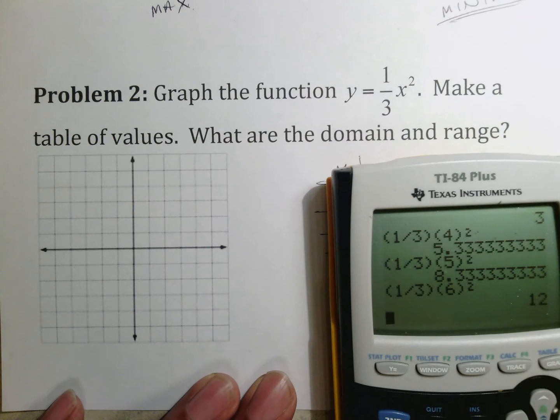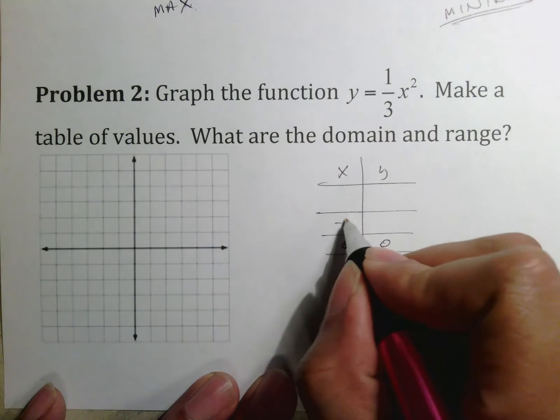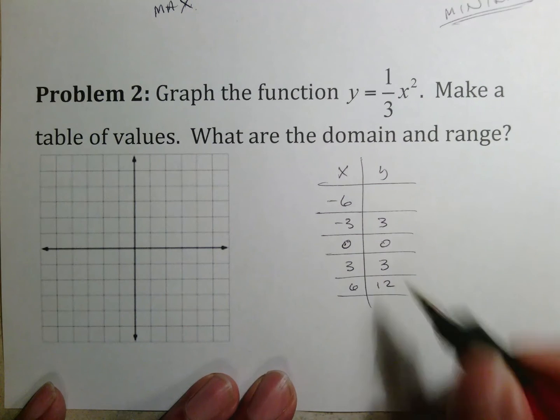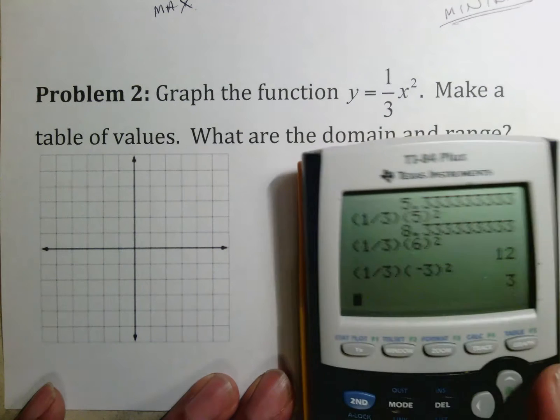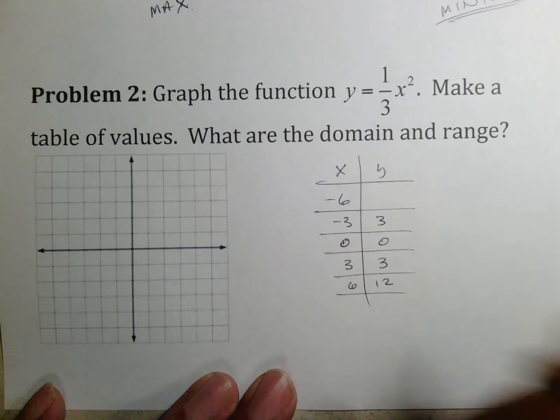So let's do 1/3, in parentheses of course, times negative 3 squared, just to see what happens. And notice that we get the answer of 3 again. And you can assume that we're probably going to have negative 6, and if you notice the pattern, you're probably going to end up with a 12. So let's see, 1/3 times negative 6 squared is 12.